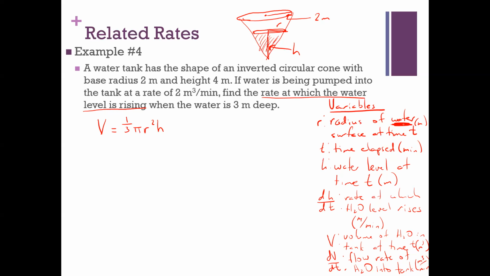Trying to find dh/dt. What tells you that? Right. So the rate at which the water level is rising. So of all these things, I know I'm looking for dh/dt. That's the thing I want to solve out of all this. So if that's the thing I want to solve, where does time appear in the only equation?